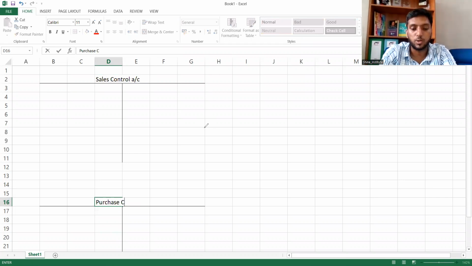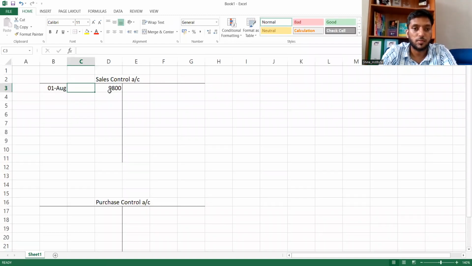Purchase control account. So under sales control account, how much is the debit balance they have given? 9,800. So I'm going to write here 9,800, and then it is a brought forward balance. I can write the date 1st August brought forward. Easy as that.